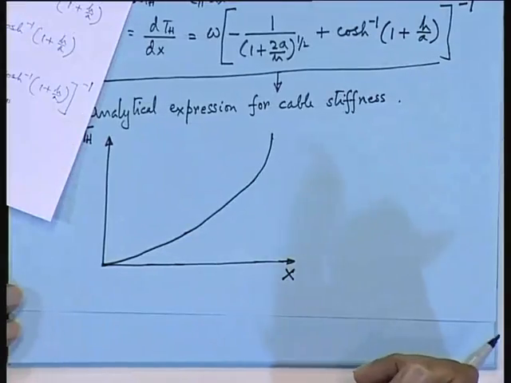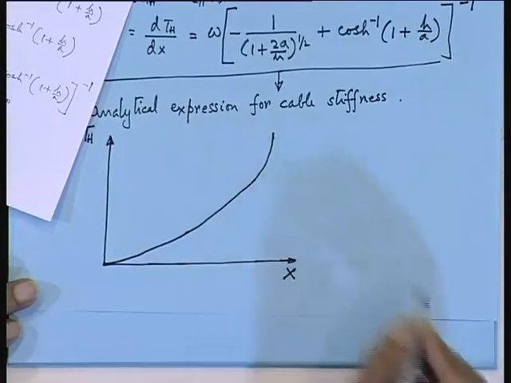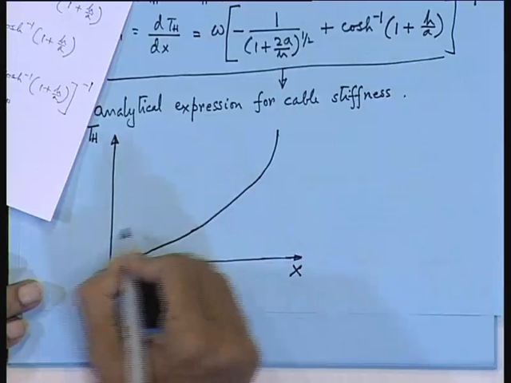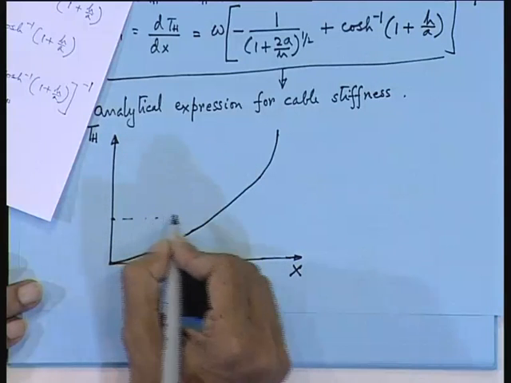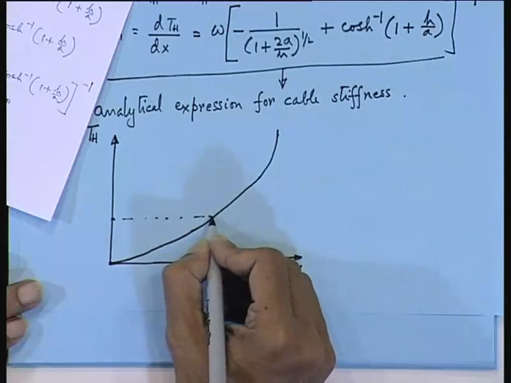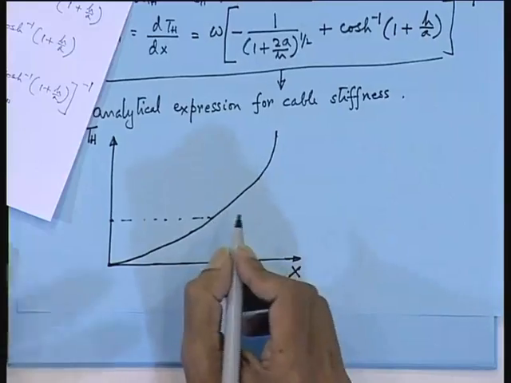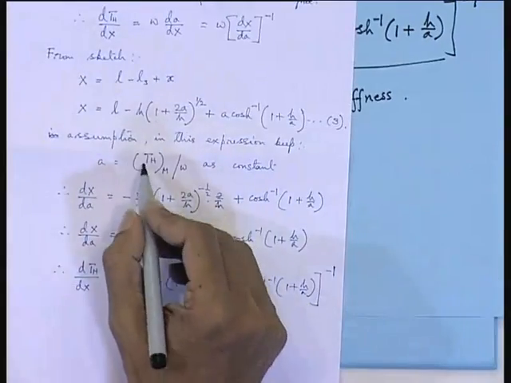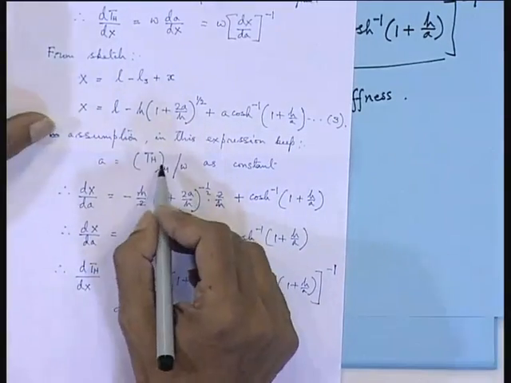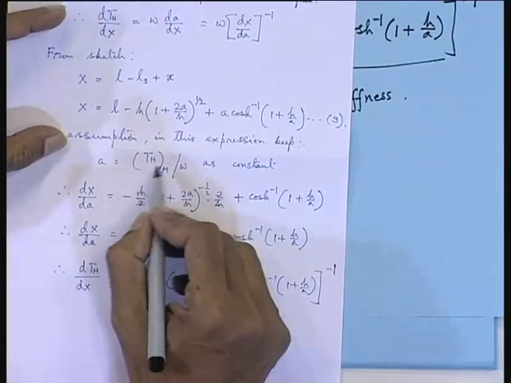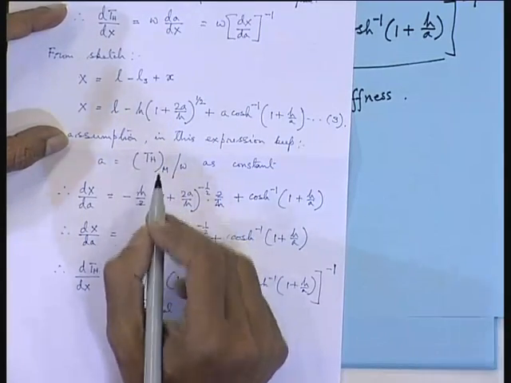Your graph will come out something like this. Now you have to find out this value, and this value you find out at a particular location of TH. So that is why you find that for the A value we have used THM divided by W. So A is always found with respect to a particular value of TH.